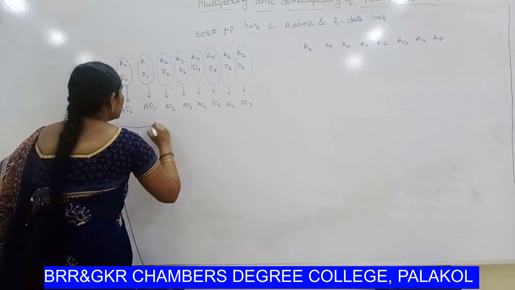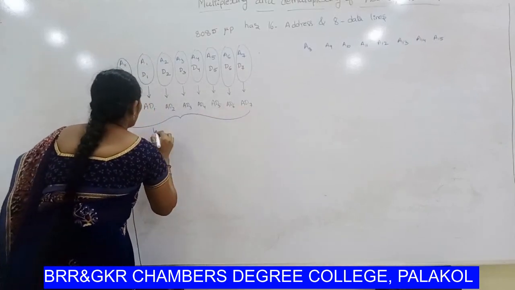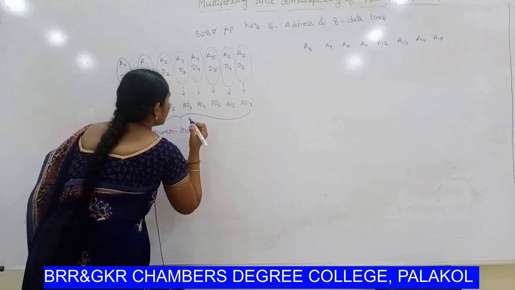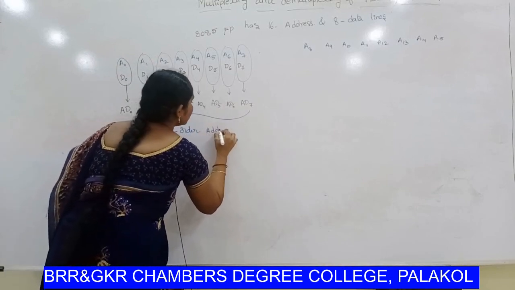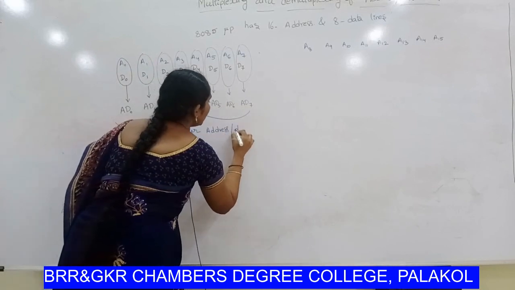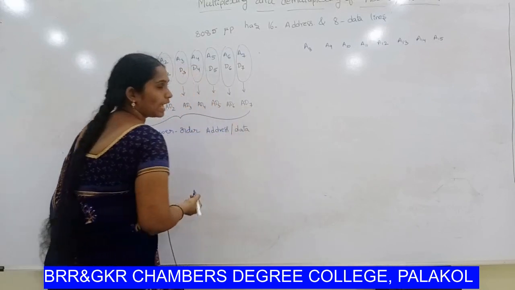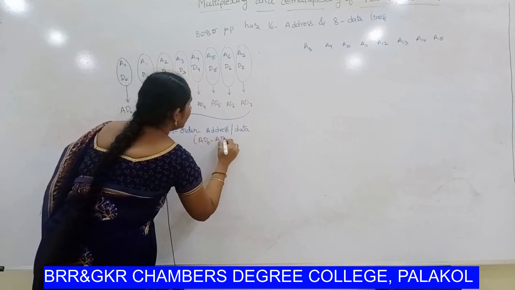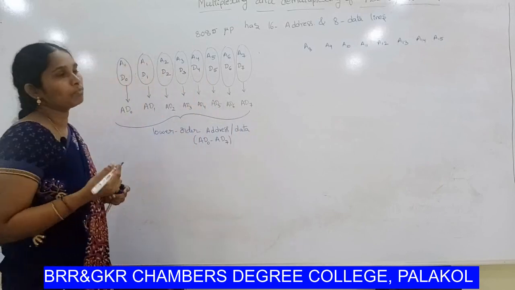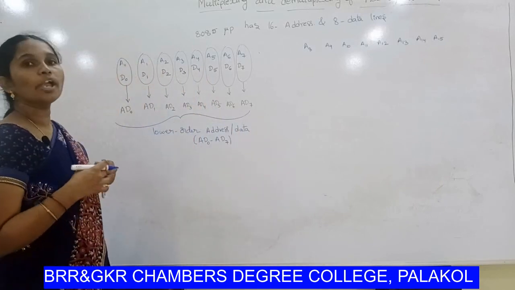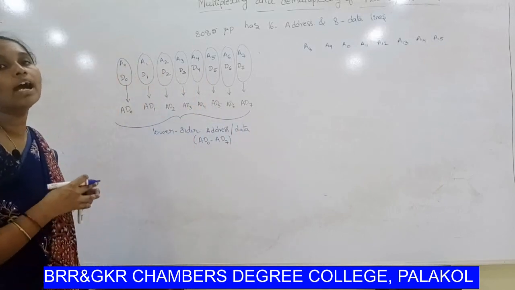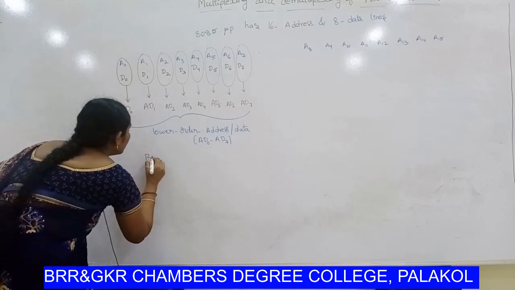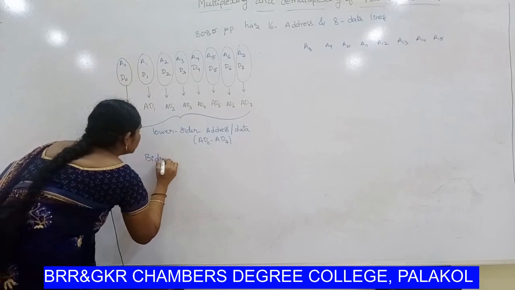So these are the lower order address and data lines, that is AD0 to AD7. Here these lower order address lines are the bidirectional address lines.